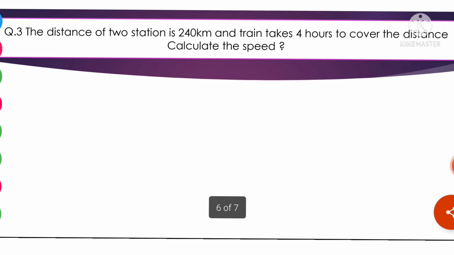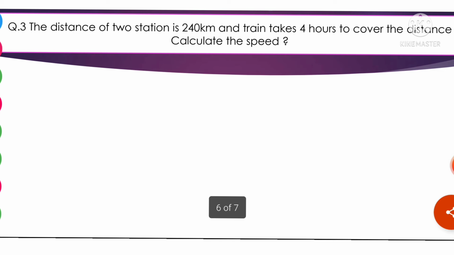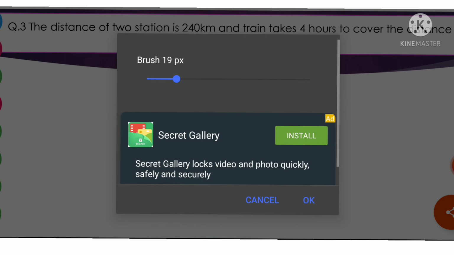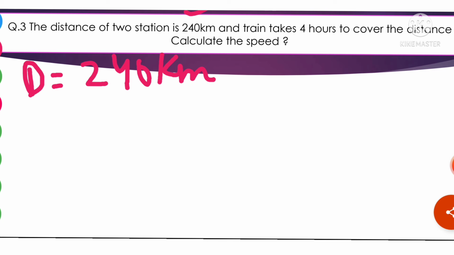Okay. The distance between 2 stations is 240 km and a train takes 4 hours to cover the distance. Calculate the speed. Again, it is a very easy one. So distance is given. See, D is also given. What is D? D is 240 km. And time is also given, that is 4 hours.